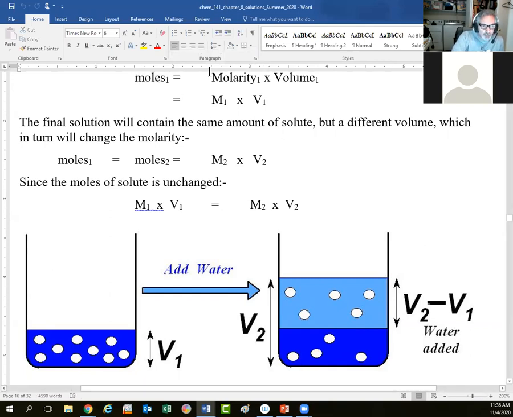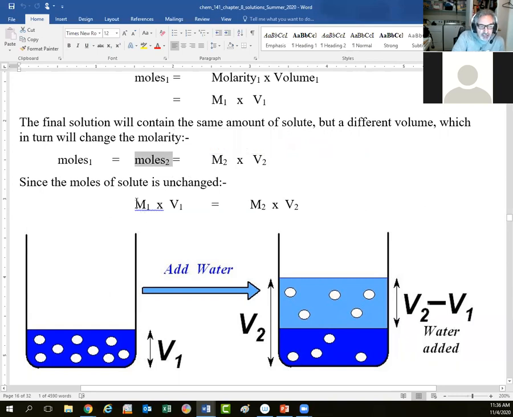So whatever the number of moles was before, by taking the molarity times the volume, which we could describe as M1 times V1, the initial concentration times the initial volume, that's going to be equal to the number of moles after water has been added, because as the molarity, the concentration decreases, of course the volume of the solution is proportionally increasing. So we'll still have the same total moles of solute by the end.